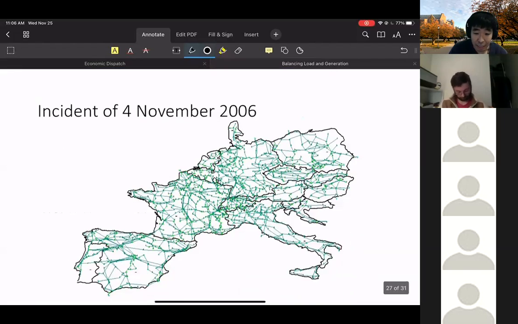So if you look at Europe, there's a shipping lane going down this way. This is the important shipping lane, and there are a lot of power lines connecting across this lane.